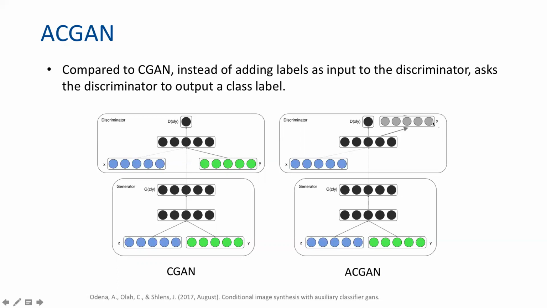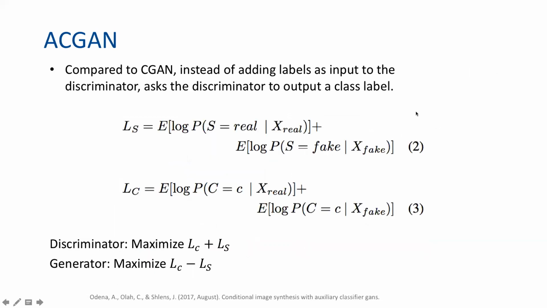So now it's fed the class labels during training, but it's trying to produce them as an output. I think this is just the math of what we described before. It's not super important, as long as you understand that now the class label is going to be an output for the discriminator.